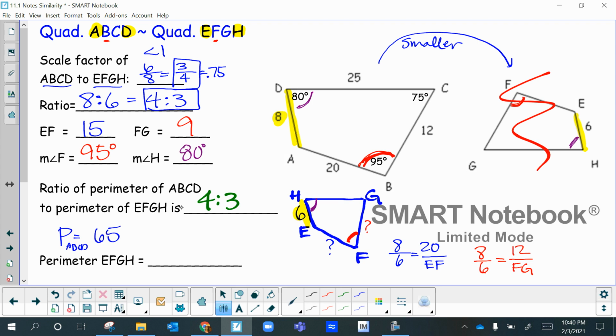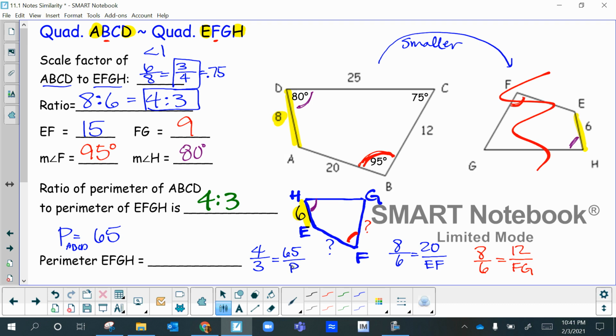So remember the perimeter ratio is 4 to 3, or you could use 8 to 6, it's the same thing. So you could say 4 is to 3 as 65 is to, and we'll use P for perimeter.